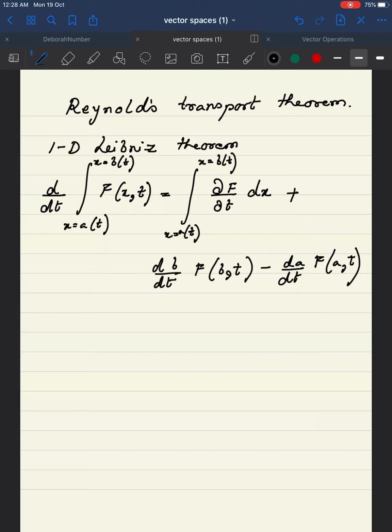And this Leibniz theorem also has a three-dimensional equivalent, and in the three-dimensional equivalent, you have to do this integration over a volume. I'm not going to do this right now, but I'm just going to write the left hand side. So I'll quickly write down the three-dimensional equivalent.